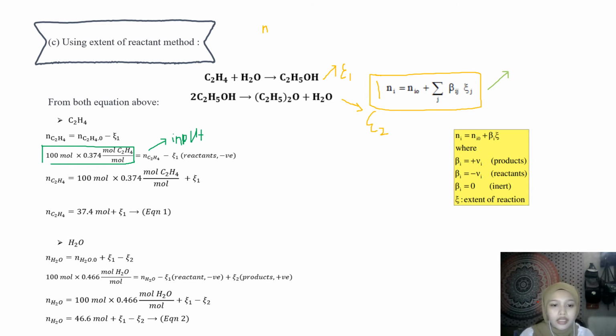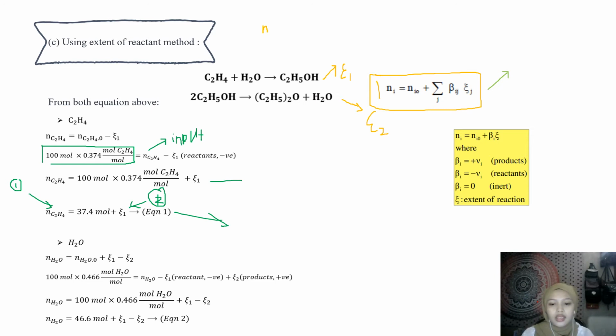When we calculate it, we get equation 1 as the answer, which has two variables: the number of mole of the ethylene, and the extent of reaction 1, whose value we don't know.